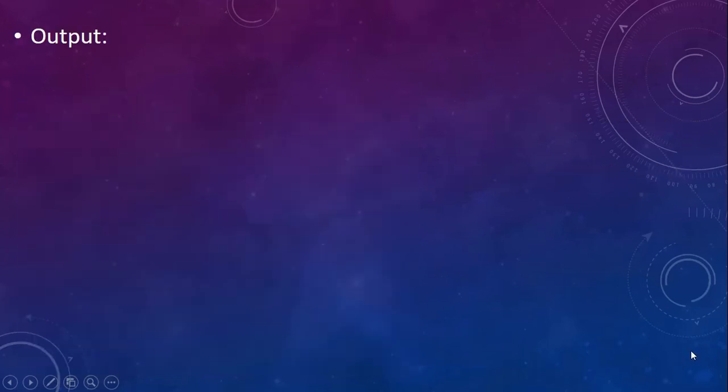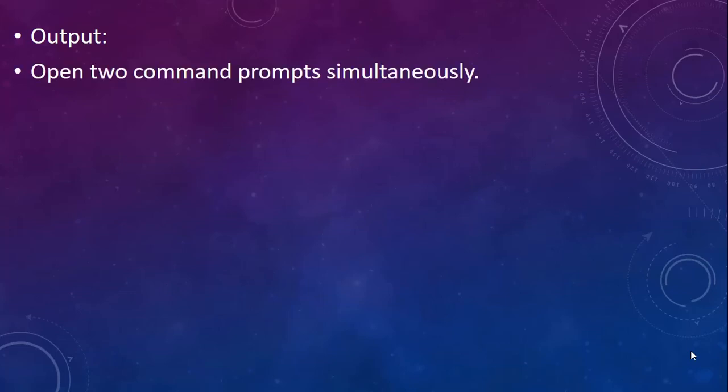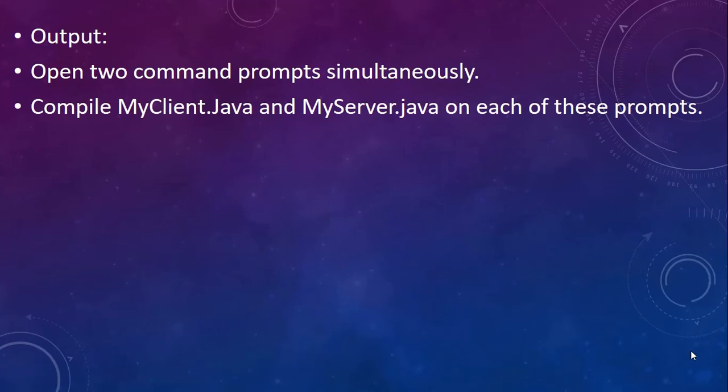Fine. So now how are we going to run such programs? There are two programs now, and since it's a communication, both programs have to be run in parallel. So how do we run these programs on our computer? You have to open two command prompts simultaneously. Now compile myclient.java and myserver.java on each of these command prompts separately.